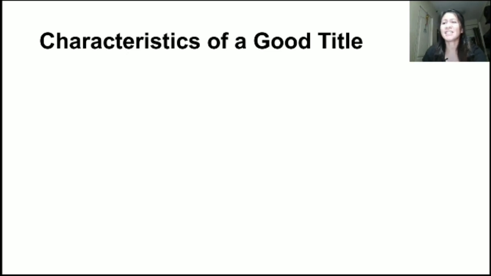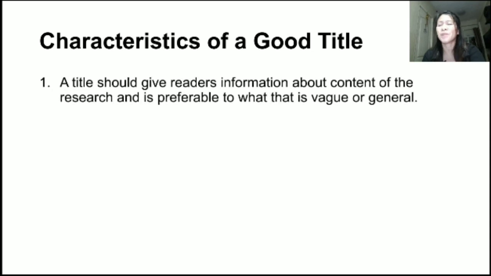For the last part, let's have the characteristics of a good research title. Number 1, a title should give readers information about the content of the research, and it is preferable to what is vague or general.